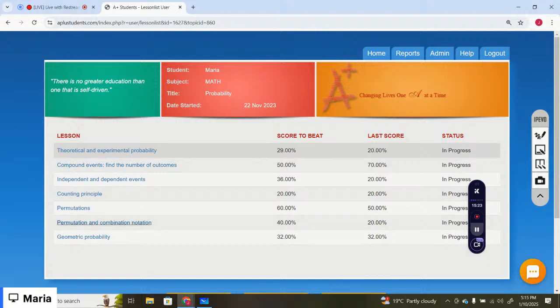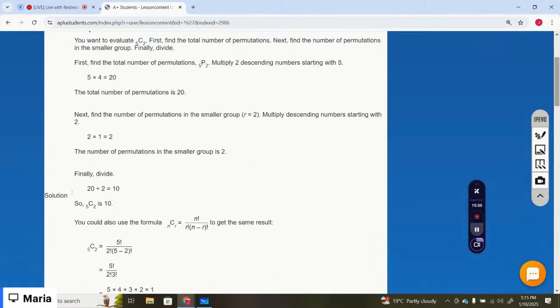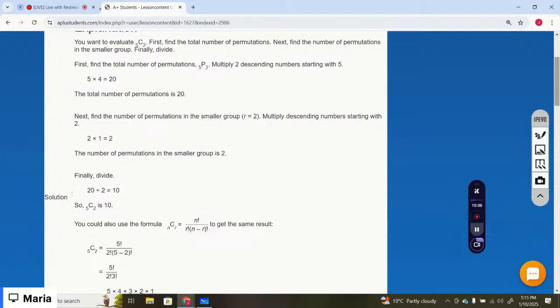The next lesson is permutations and combination notation. That is 5C2. You have to evaluate the combinations.